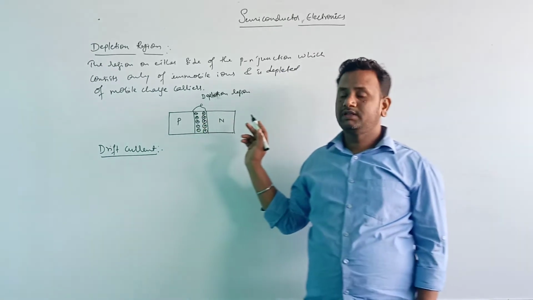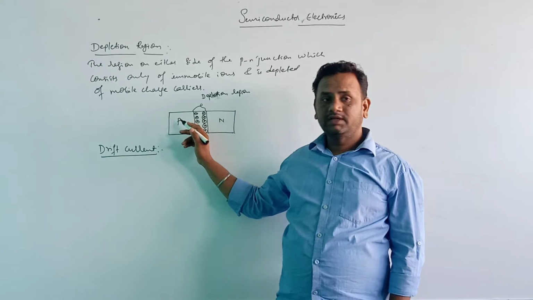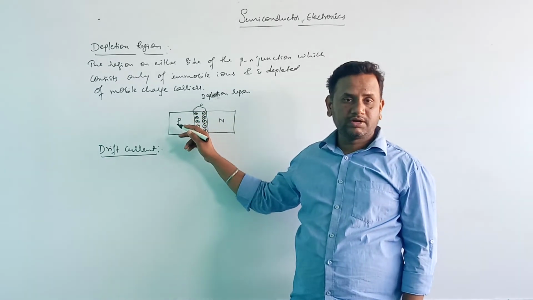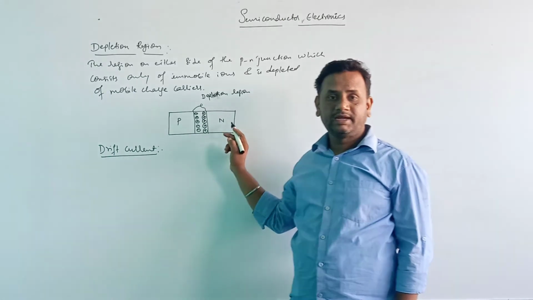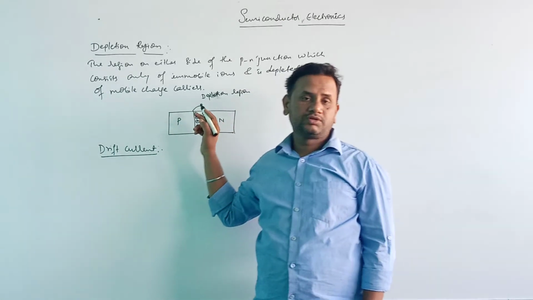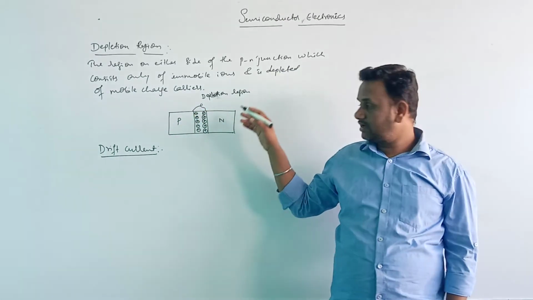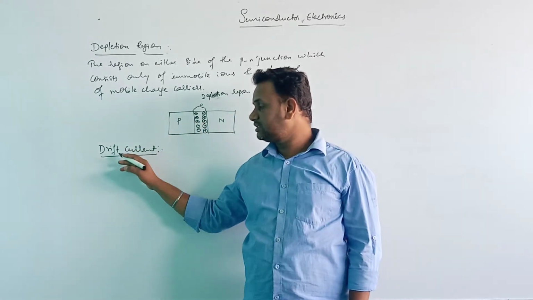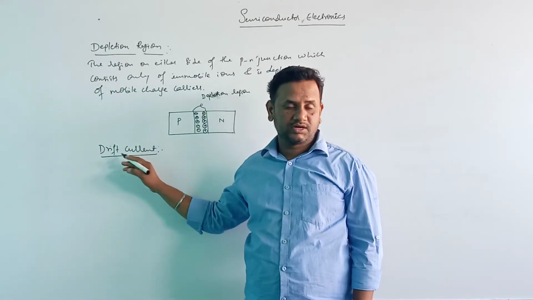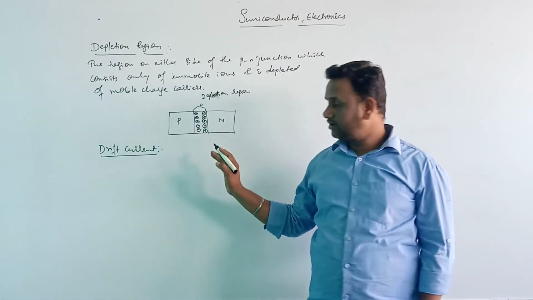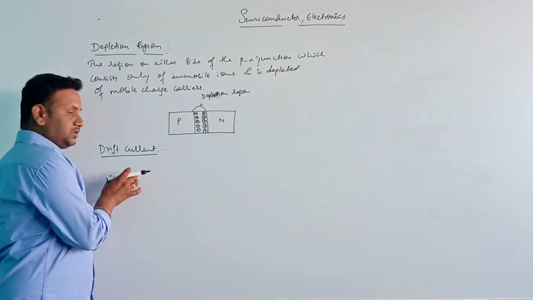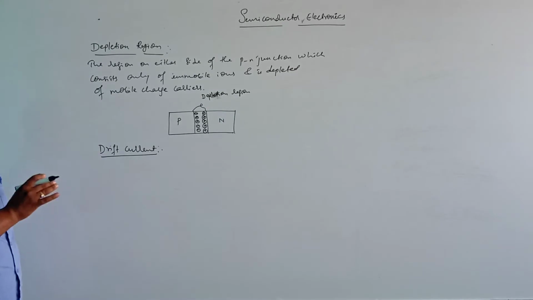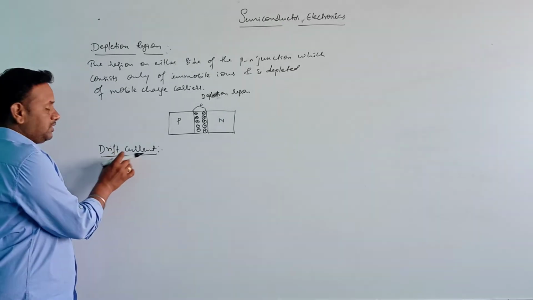When the minority charge carriers flow from the P region to the N region and from the N region to the P region, an electric current is formed, which is called the drift current. Here I will write the exact definition, and some 2-3 points related to the drift current.